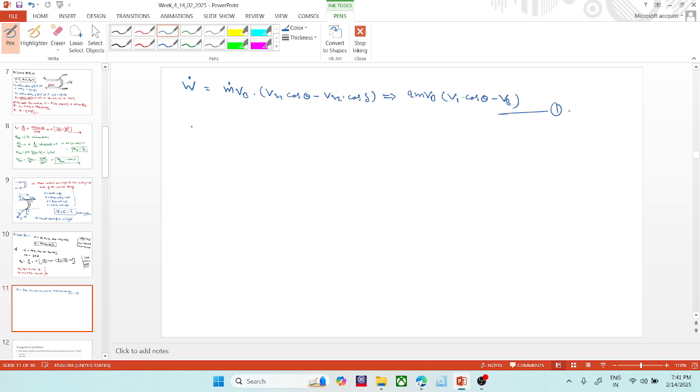Based on that, we can calculate the optimum blade velocity, VB optimum. For that, we have to take dW dot by dVB equal to 0.